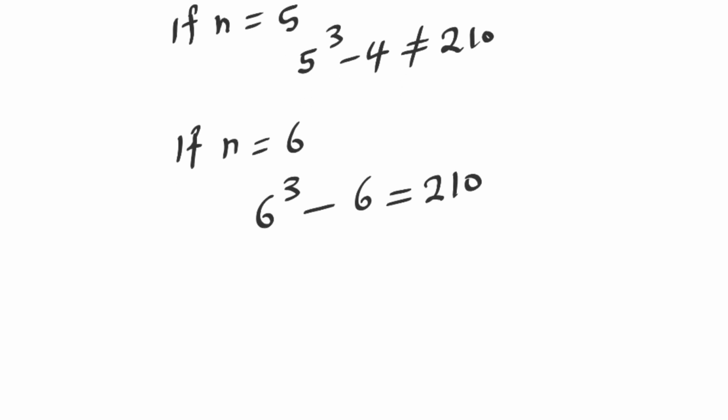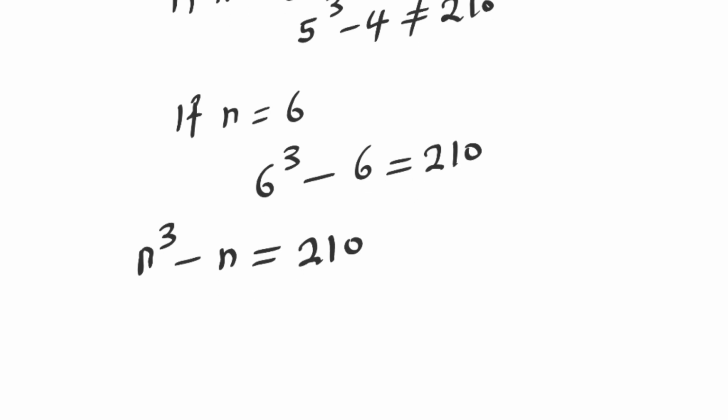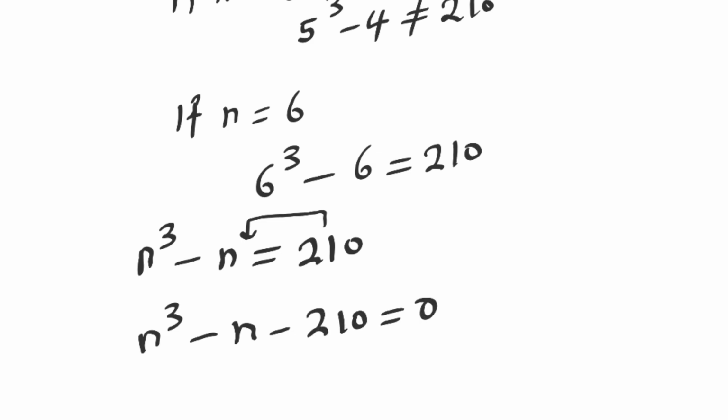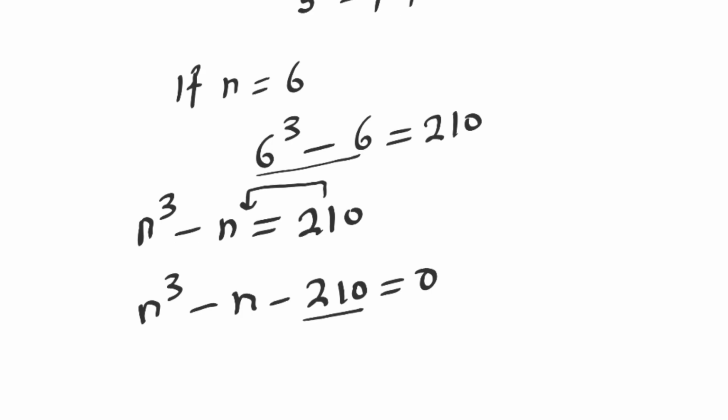Now our equation is n raised to power 3 minus n is equal to 210. Let us bring this 210 to this side. This is n raised to power 3 minus n minus 210 is equal to 0. Now we can replace this 210 by 6 raised to power 3 minus 6.